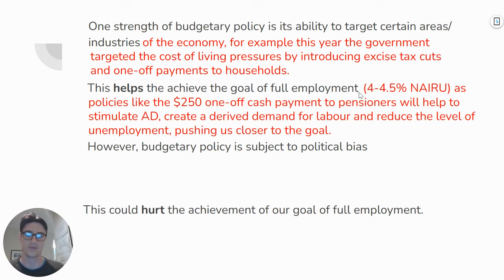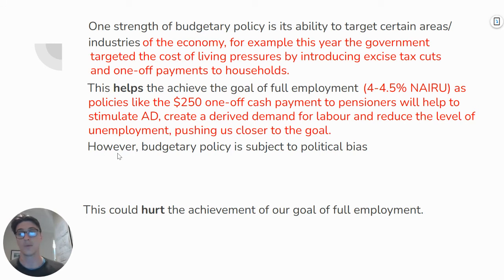We should probably define full employment as well, so I've got in brackets here the 4 to 4.5% NAIRU. And then I've linked back to the example again and said, the one-off cash payments to pensioners should help to stimulate aggregate demand when they spend it, which creates a demand for labour and reduces the level of unemployment. Okay, so it's a very brief, succinct link between the strength and the goal.